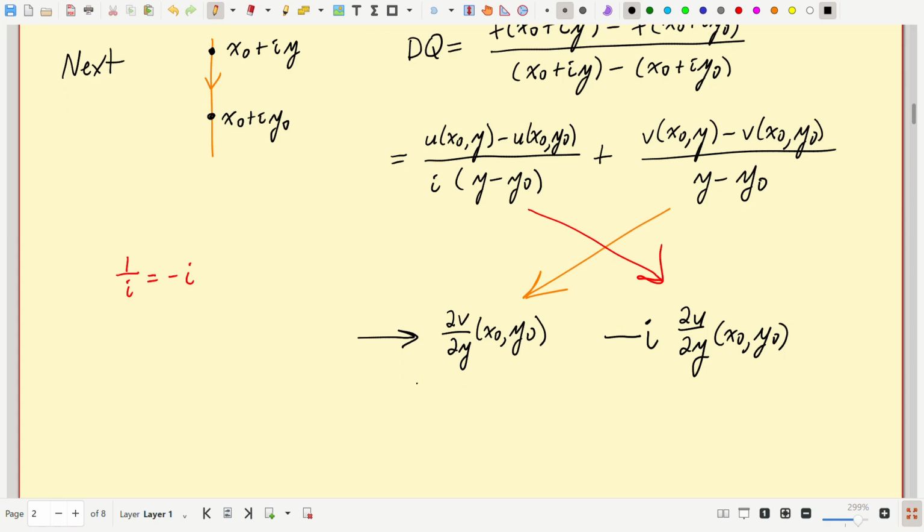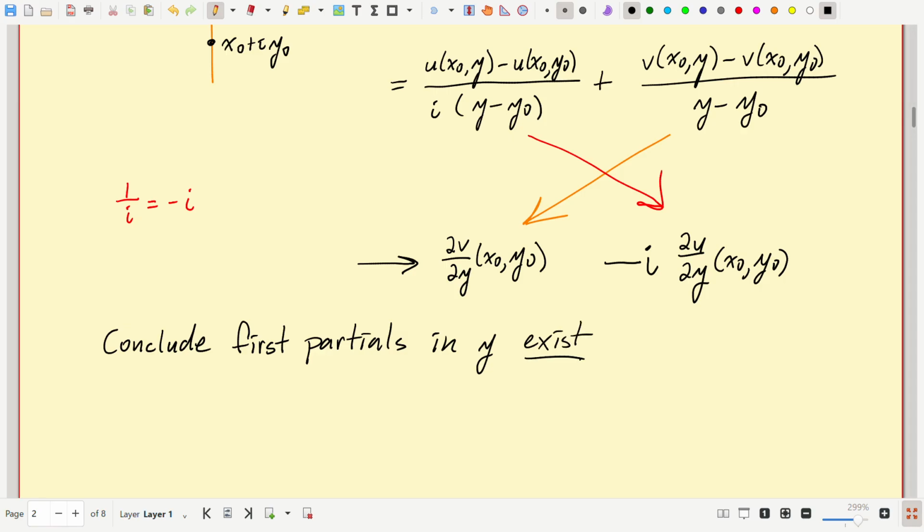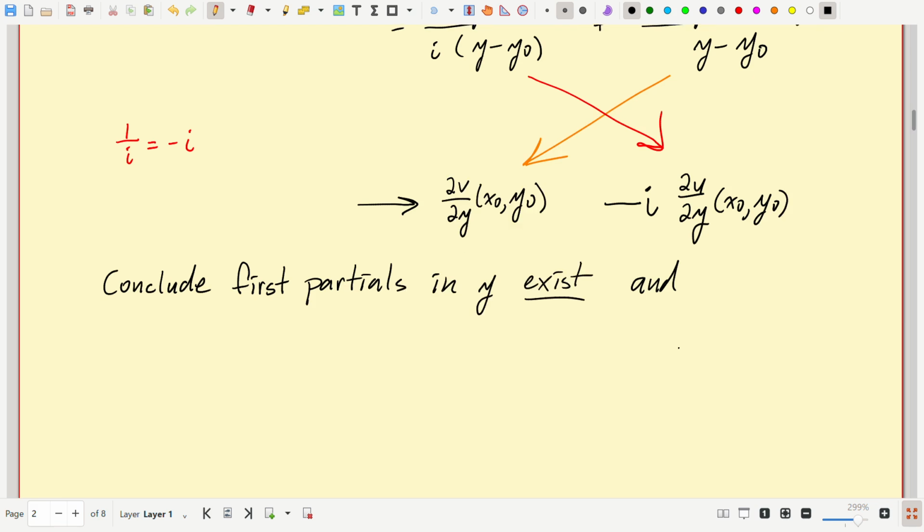We conclude that those first partials in y exist. Last one it was x, so this is the y ones. It's important to know they exist, and not only that, but they slide into the derivative.